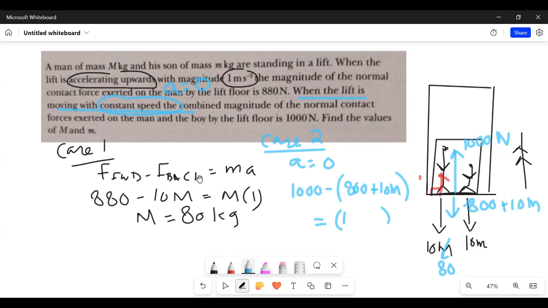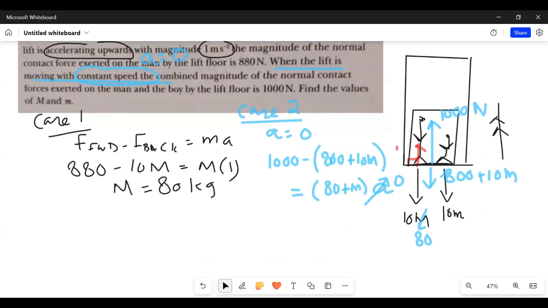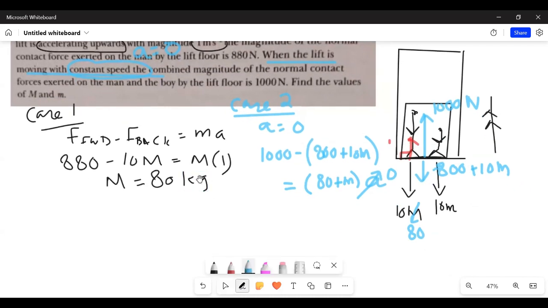We know it is 80 plus m times acceleration, but that's 0. So it's going to be forward force equals backward force. Give me the value of small m from here. Twenty kg.